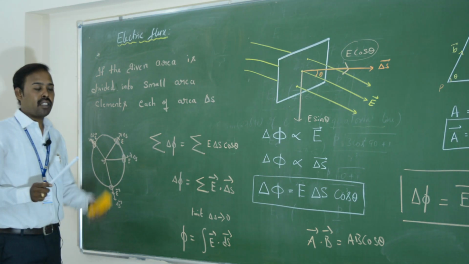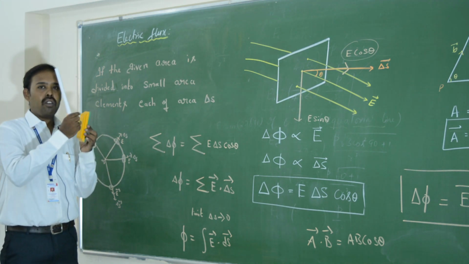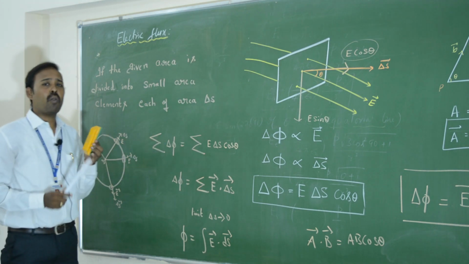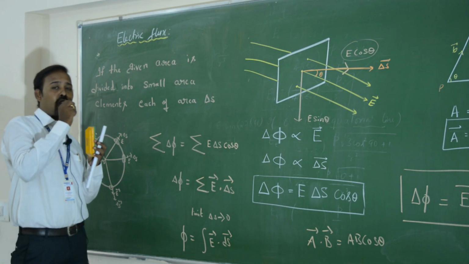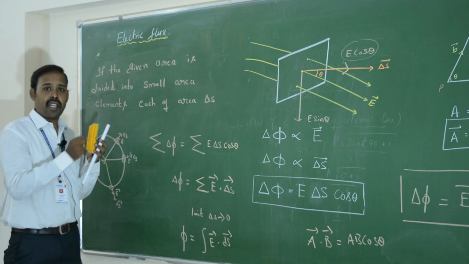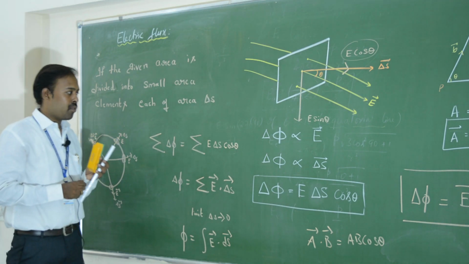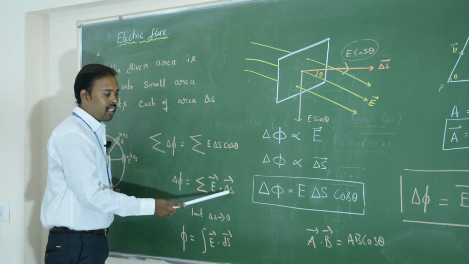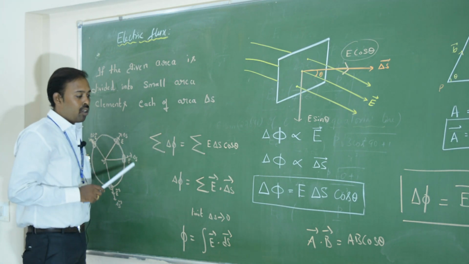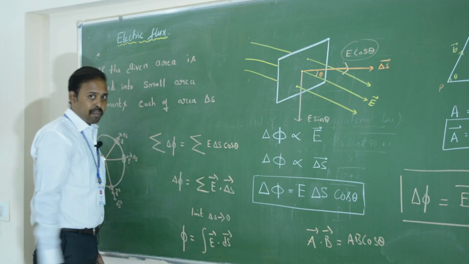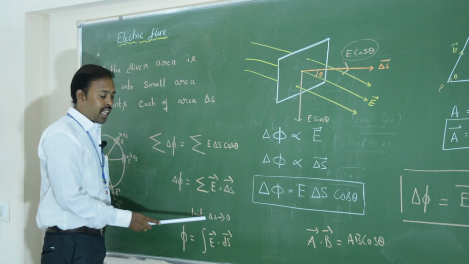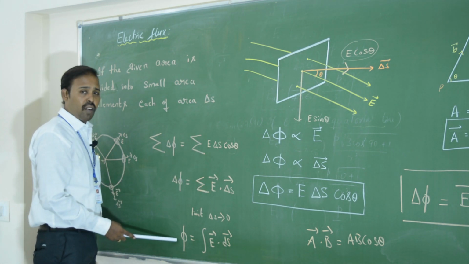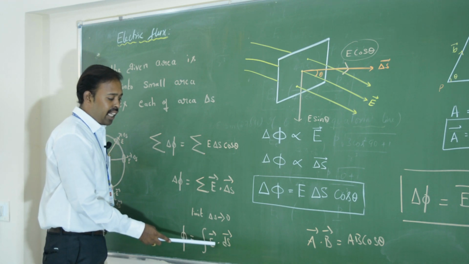I have to calculate the flux of each elementary area and then add it up. So the equation becomes delta phi equal to the summation of E dot delta S. Now this equation will be appropriate if you take the limit delta S tending to 0, and we can write this in integral form. The total flux will be equal to the integral of E dot ds.